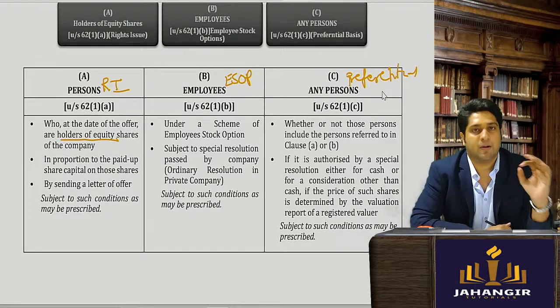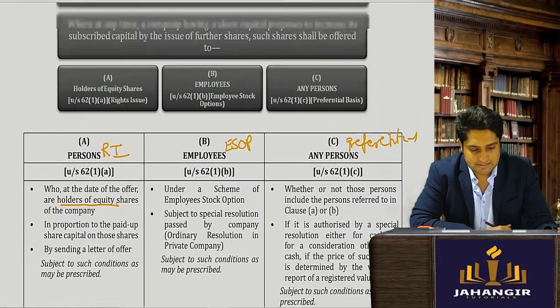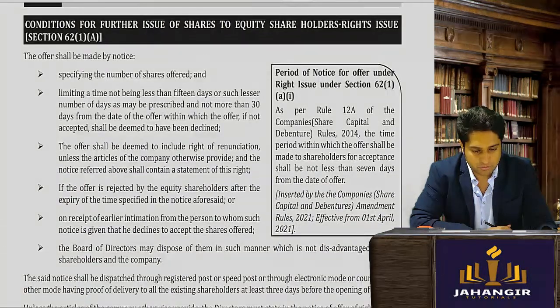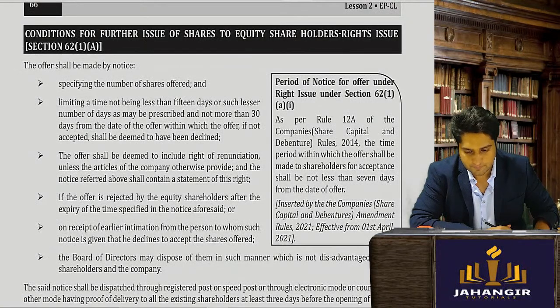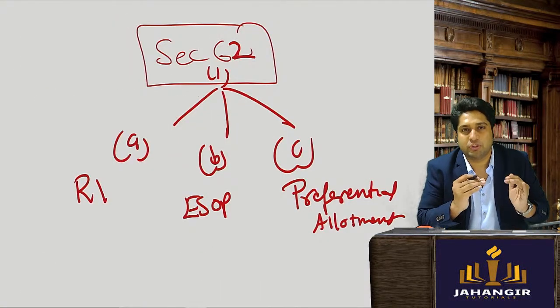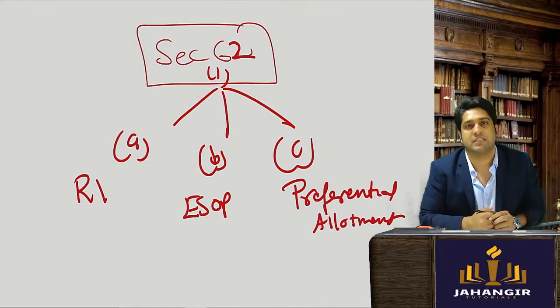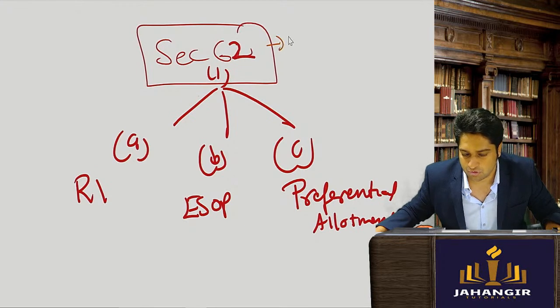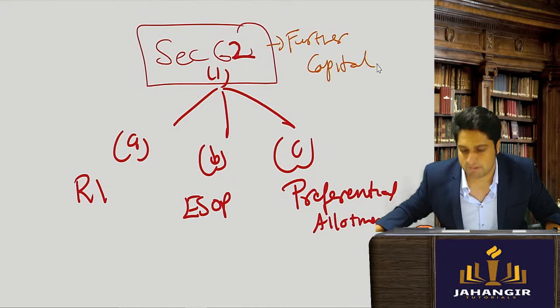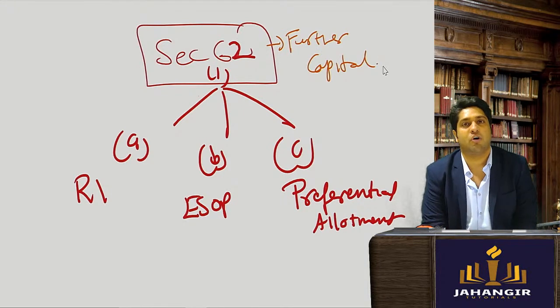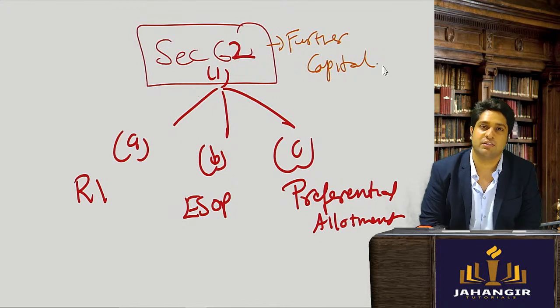Okay. Now, first, let's understand the concept of right issue. 62 1A. Now, when a company wants to issue fresh shares, more shares, raise further capital, tell me one thing, don't you think they will first offer it to the existing shareholders?